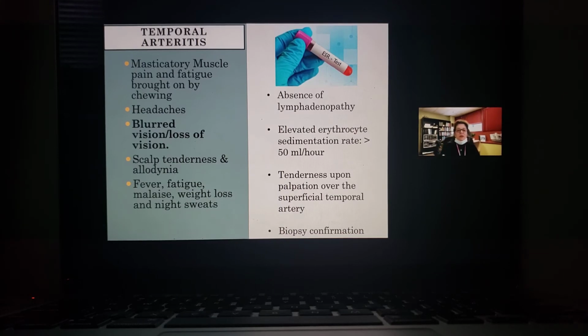The only way, or the gold standard, is a biopsy confirmation, but sometimes the physicians will not do the biopsy because it's very invasive, as you can imagine. In addition, it's not going to modify the treatment. So the treatment comes in the next slide, which is the use of steroids. And sometimes they may take a part of the artery that is not being affected, so the biopsy will read negative and yet the patient is symptomatic.